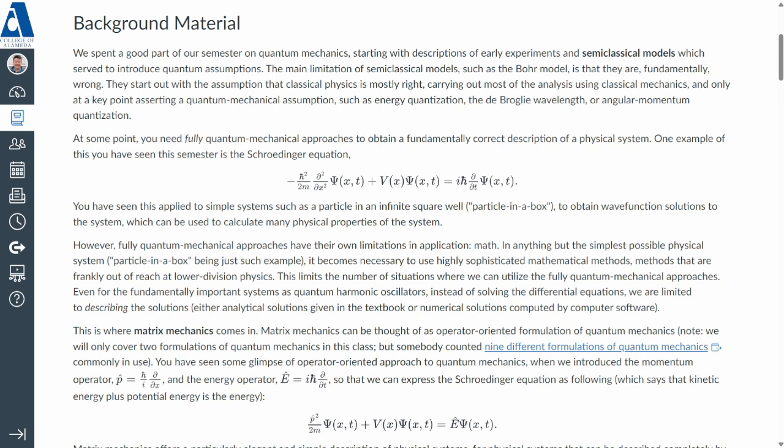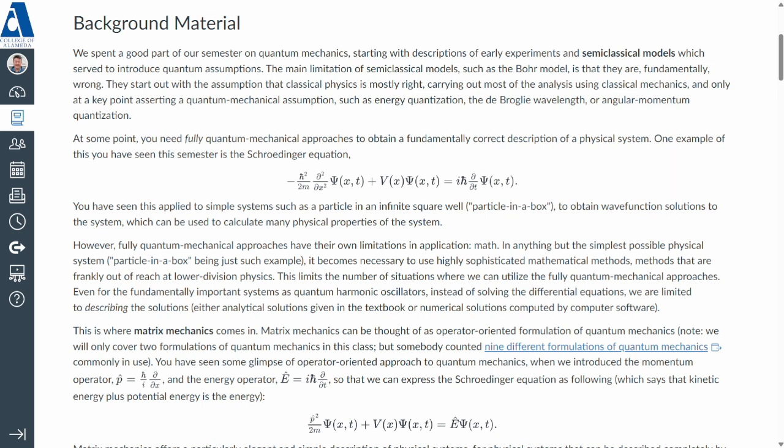You have seen this applied to simple systems such as a particle in an infinite square well, quote unquote, particle in a box, to obtain wave function solutions to the system, which can be used to calculate many physical properties of the system. However, fully quantum mechanical approaches have their own limitations in application. Math. In anything but the simplest possible physical system, particle in a box being just such an example, it becomes necessary to use highly sophisticated mathematical methods. Methods that are frankly out of reach at lower division physics.